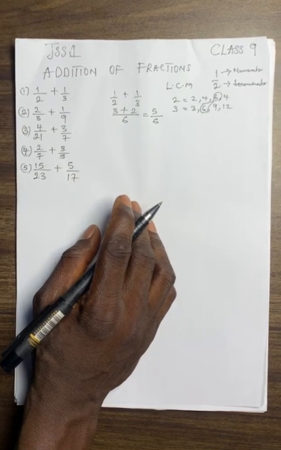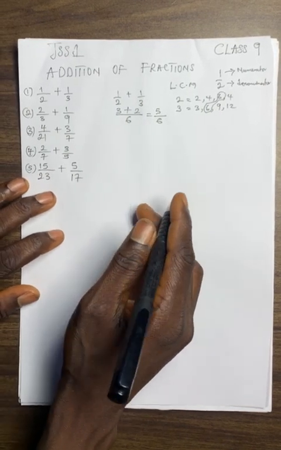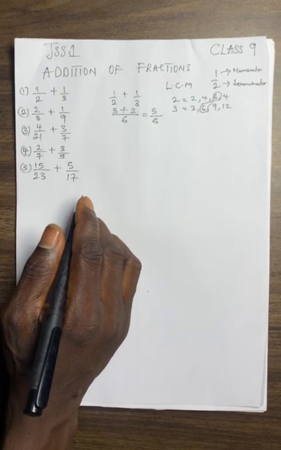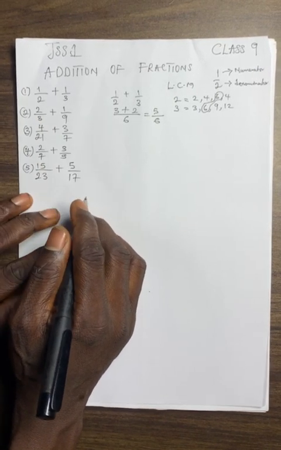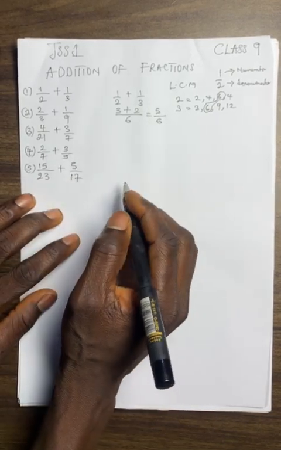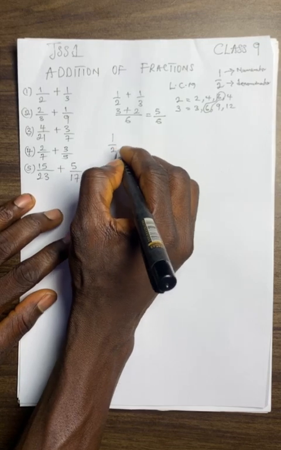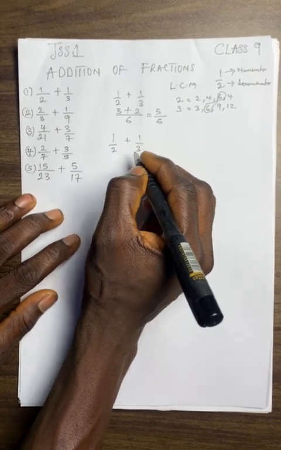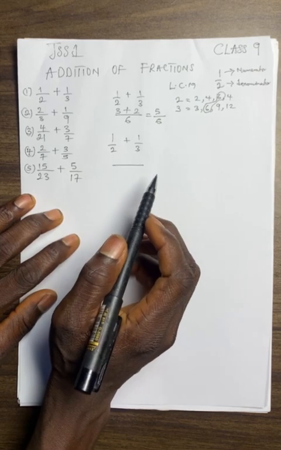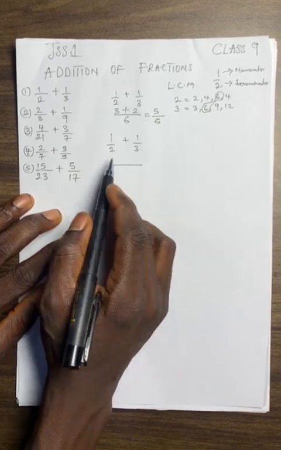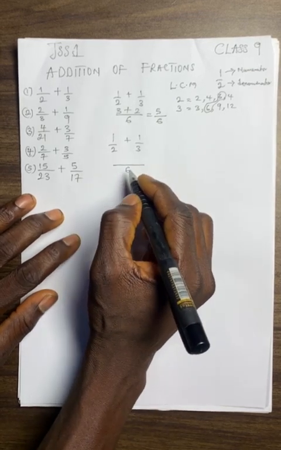There is one method as well that you can easily use to get this fast. So I'll be using the 2 methods for one example. So let's make use of the second method. We have 1/2 plus 1/3. So what are you going to do? You multiply the 2 denominators. 2 times 3 is what? 6.